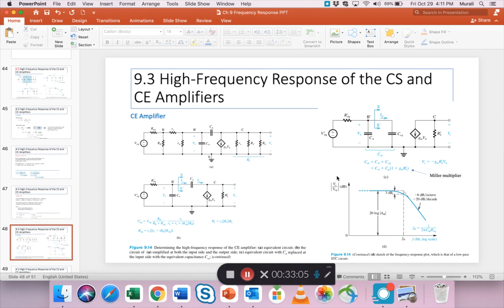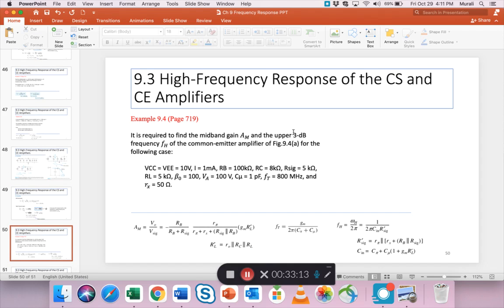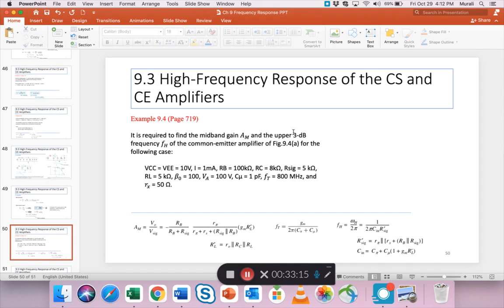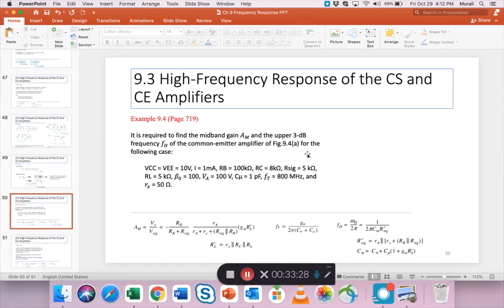Okay, the very last topic then for problems is a CE common emitter BJT amplifier. And again I have two numericals. One of them is example 9.4 from page 719, and the other is problem 9.39, and that's it. All right, so 9.4 from page 719.